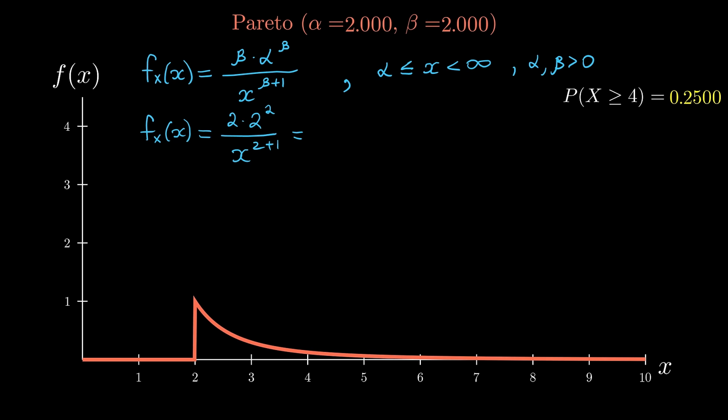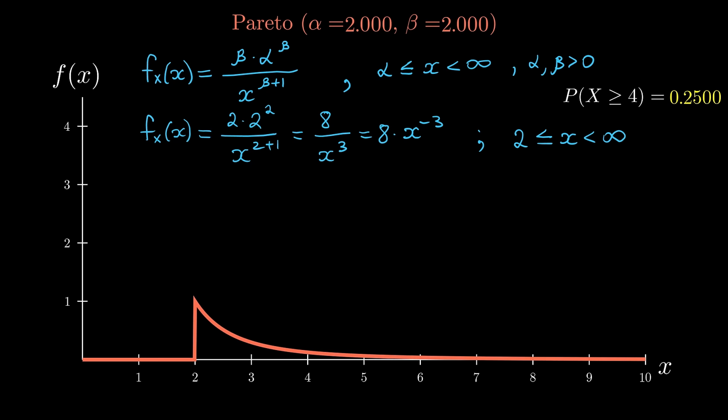So in the numerator we have 8, and in the denominator x cubed, and we can just write it as 8 times x to the power of minus 3. That's the PDF. And what's the support? Well, with alpha equaling 2, the support will go from 2 to infinity.